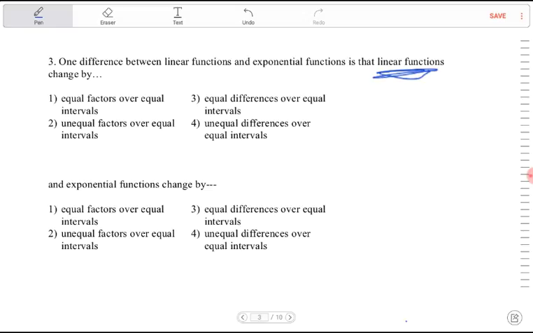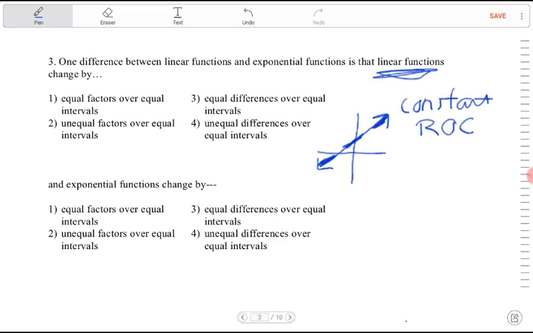Let's quickly draw an example of a linear function. It could look something like this. You know that it has a constant rate of change. That's what we know about linear functions. And what that means is that the rate of change here is the same as the rate of change here, is the same as the rate of change here.